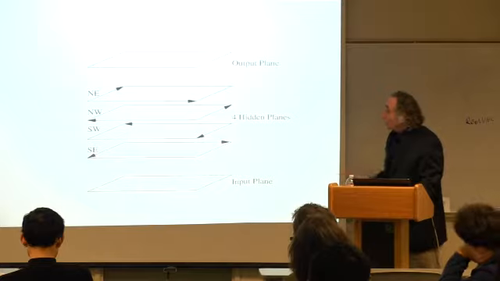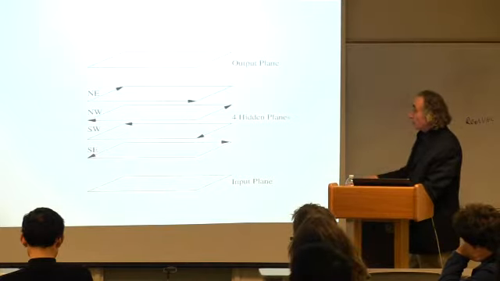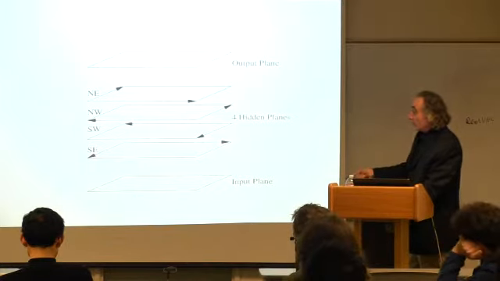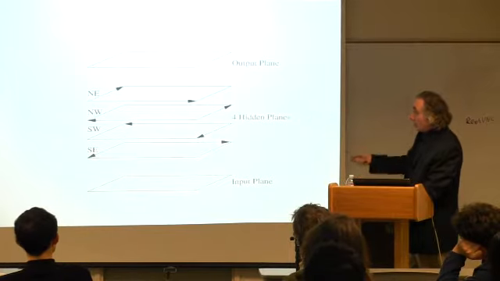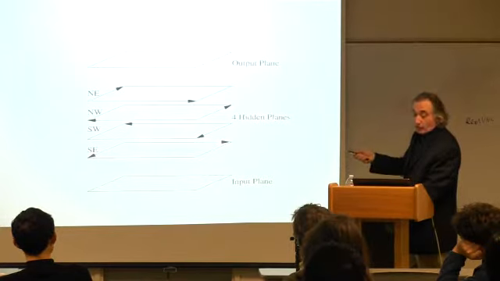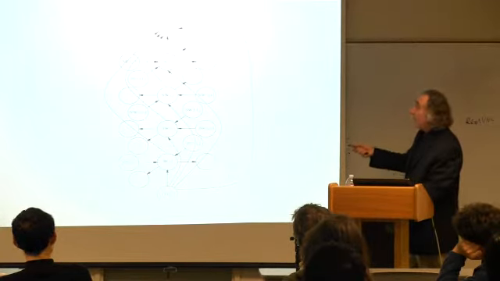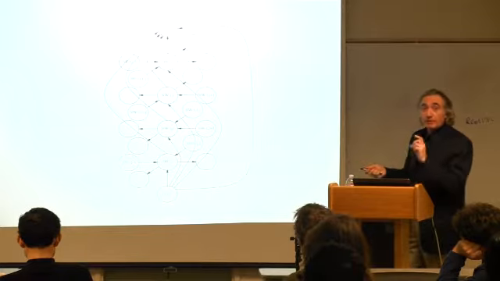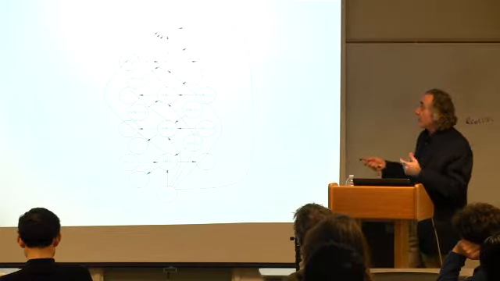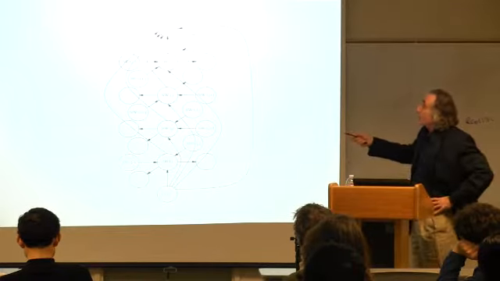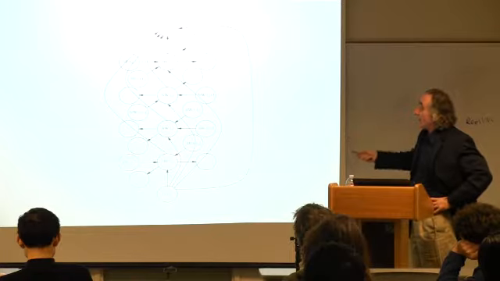The one we use for contact map prediction has an input plane, which is the size of the protein. So if the protein is 100, this is going to be 100 by 100. You're going to have 4 hidden planes, 4 hidden lattices, and one output at each position. The output is the probability of whether there is contact or not between i and j. This probability is a function of 5 vectors.